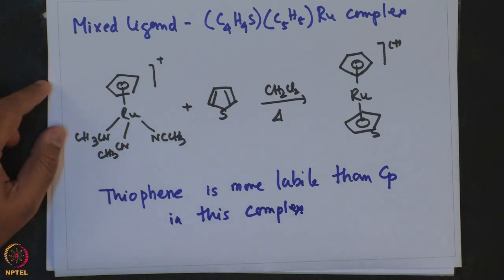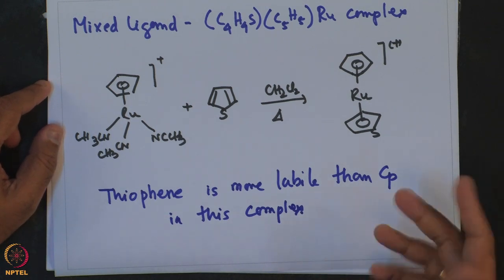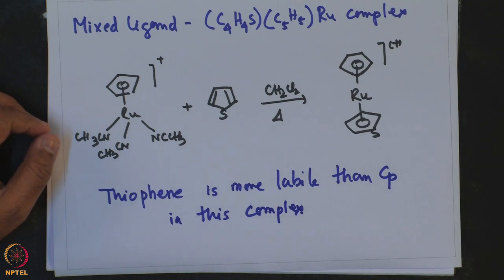So, this is a brief discussion on the sulfur based heterocycle pi complexes of transition metals, and then we are going to look into the nitrogen counterparts of these heterocycles. So, before I proceed, in the sulfur based heterocycles of transition metals, what we had seen is that the sulfur based heterocycles are neutral, less basic, and they have their orbital degeneracy lifted, and even their adducts of metal carbonyls are weaker than that of the benzene adducts of metal carbonyls.